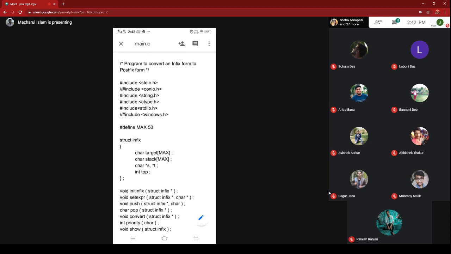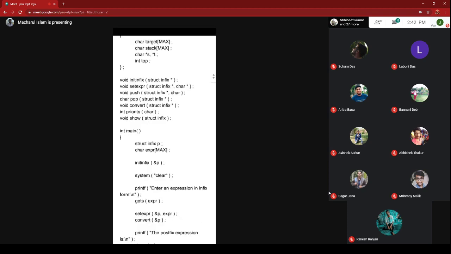Now here is the similar style of writing the prototypes of the functions. What are the various operations you are going to perform on the infix expression? Here you will initialize with initinfix, and set the expression with setexpr. You have to perform push and pop operations because you are using a stack here.